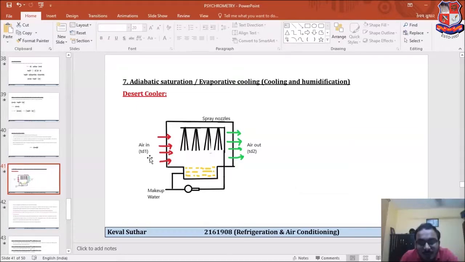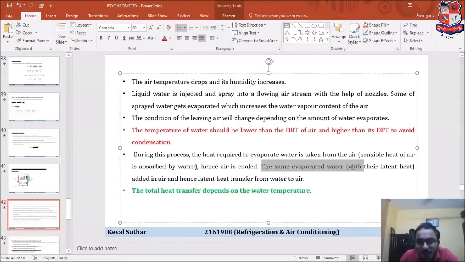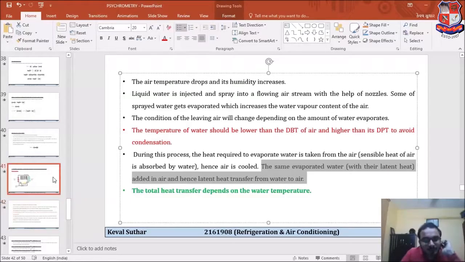So sensible heat will be taken from the air to gain the latent heat. So sensible cooling is happening here, and the same evaporated water with its latent heat is being added in the air, so latent heat transfer from water to air. So here two things are happening.